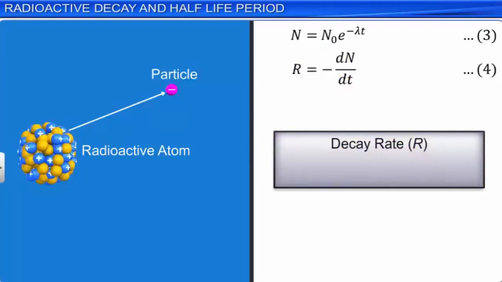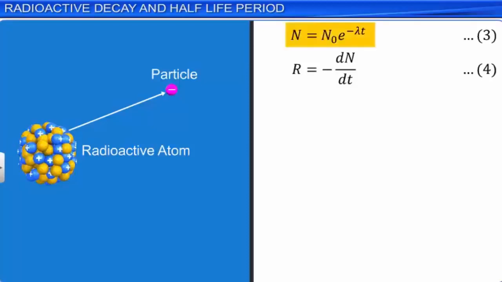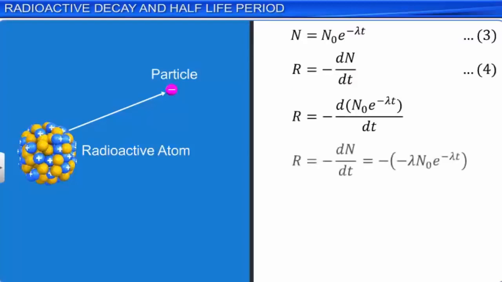Substituting equation 3 in the equation 4, we get R is equal to minus d by dt of N naught into e power minus lambda t. Simplifying further, we get R is equal to lambda N naught e power minus lambda t. Let this be equation 5. Substituting equation 3 in equation 5, we get R is equal to lambda N. Now, at time t is equal to 0, let R be equal to R naught.